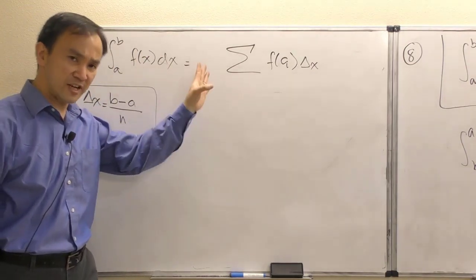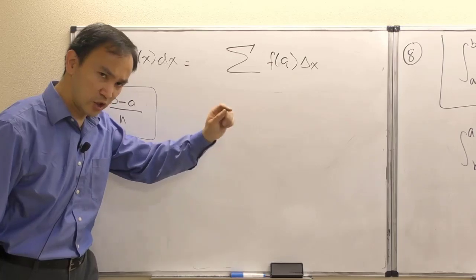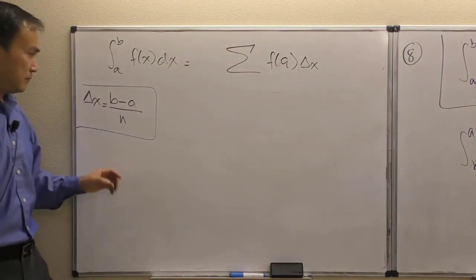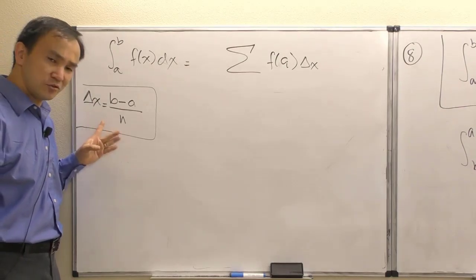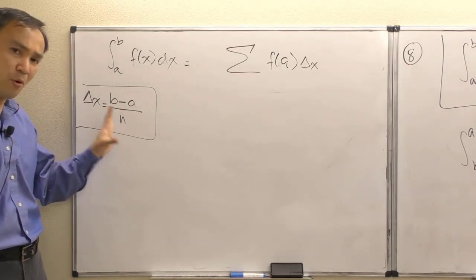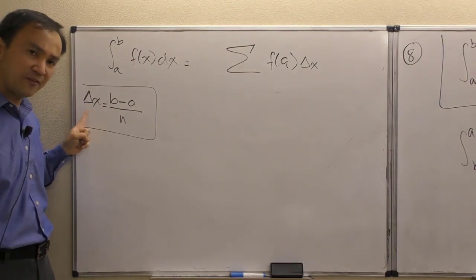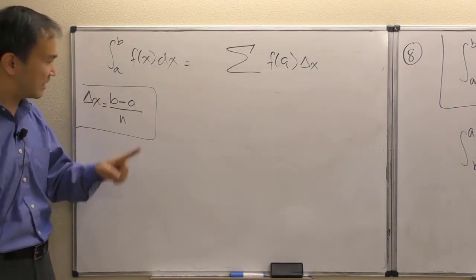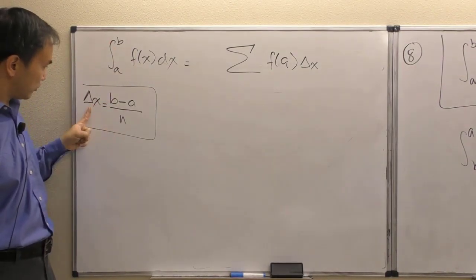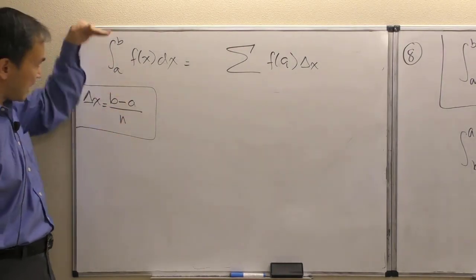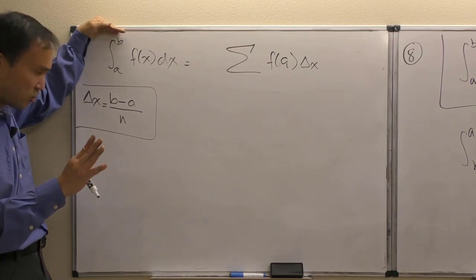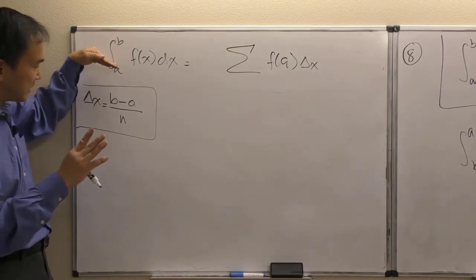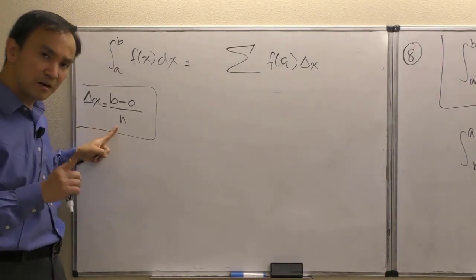And I want to emphasize the fact that a definite integral is accumulation. So I did not bother too much to make this part of our definition. But now it's important that this delta x definition is also part of our definition. So if it's from a to b, then delta x is defined as b minus a, always the end of the accumulation minus the beginning of the accumulation, divided by the number of subintervals.